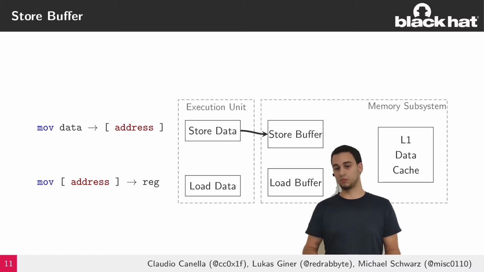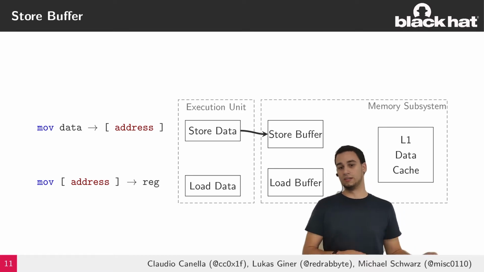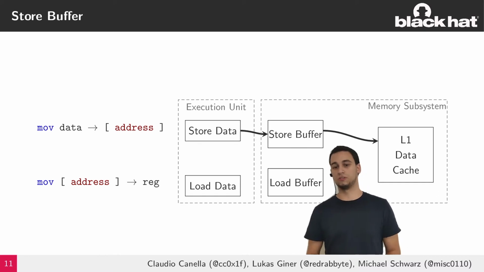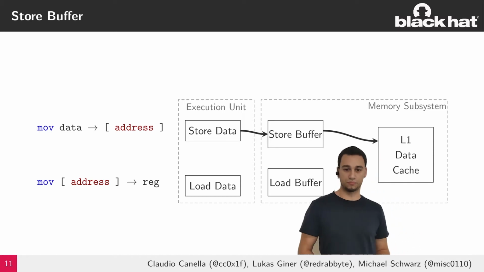The store buffer helps that it does not have to wait for the store to actually complete. It just throws it in there, and then the store buffer handles the rest of it. And the store buffer then can go to the L1, store the data in the L1 if there's space in the L1. And in the meantime, the execution unit can already continue with some other instruction. You've said that before with this out of order execution.